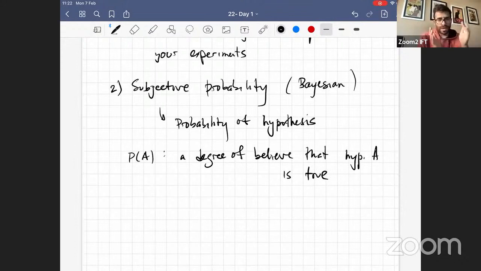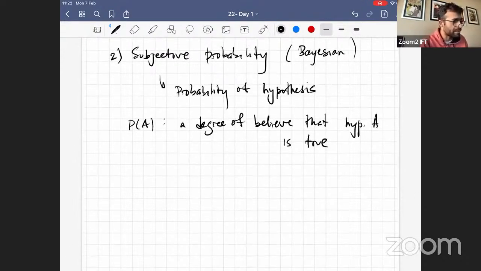And then why do you say hypothesis A is random? That's why I need to associate a concept of probability to hypothesis A. It is because I really don't know whether my hypothesis is going to be true or false. So that's why it's a random concept.